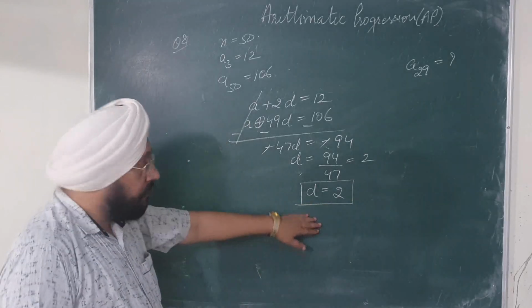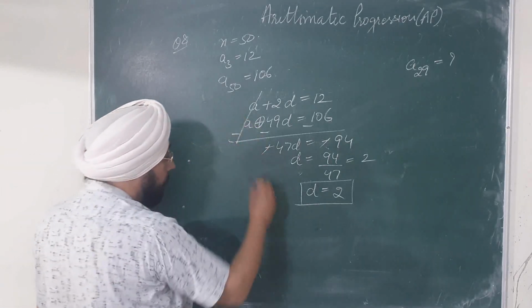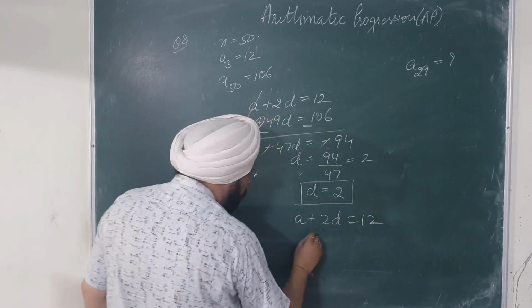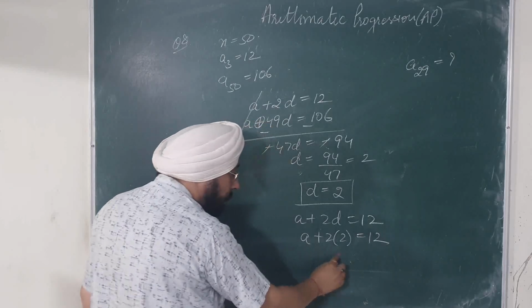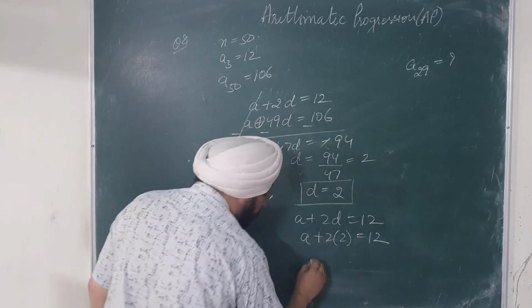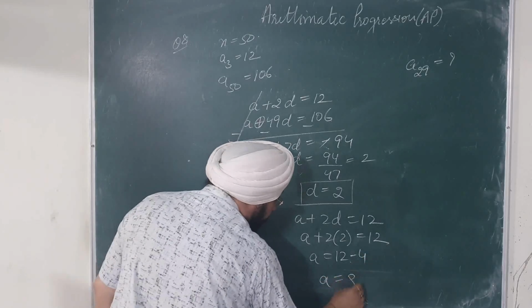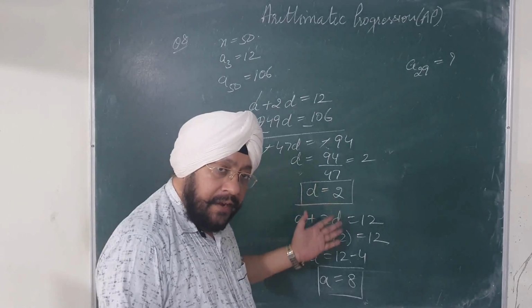Substitute this value of d in any of these equations to find a. Let us take equation number 1. Substitute the value of d. 2 multiplied by 2 is 4. Subtract 4 from 12, so we get a is equal to 8. Now you can see we have a and we have d also.